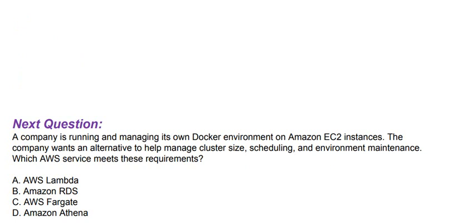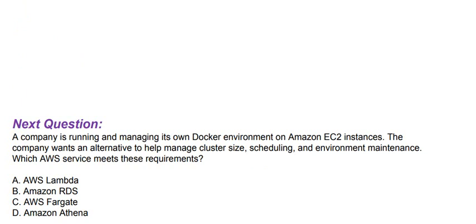Next question is, a company is running and managing its own Docker environment on Amazon EC2 instances. The company wants an alternative to help manage cluster size, scheduling, and environment maintenance. Which AWS service meets these requirements?